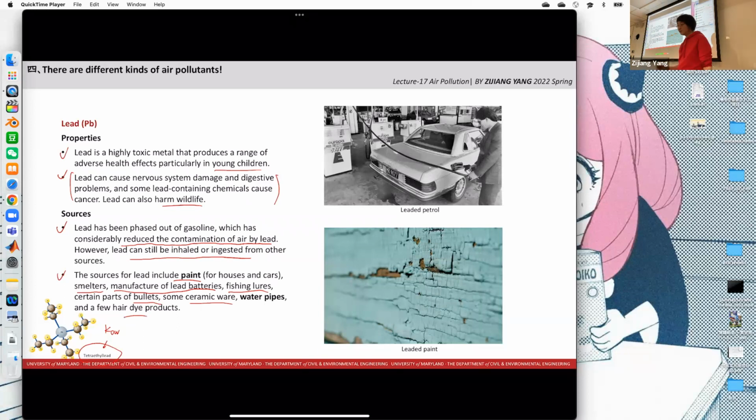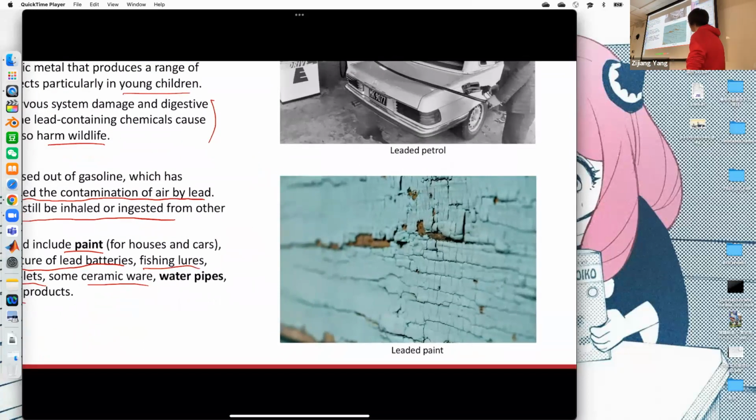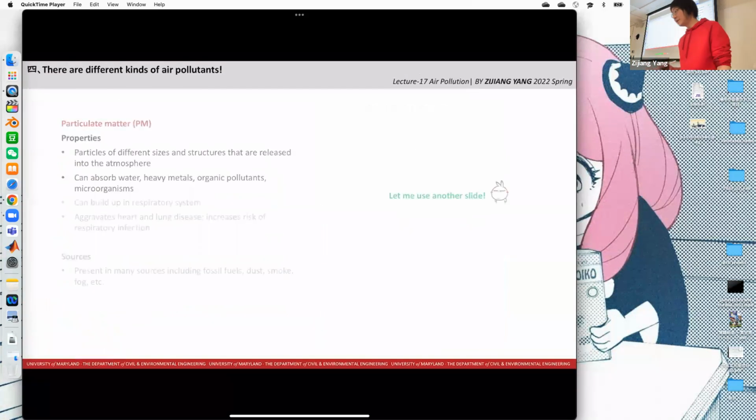This picture shows lead paint, like from an old house. We can see that it may gradually release some lead powder into the air. If the powder or particle is very small, it can float in the air and be inhaled by humans, which is bad.